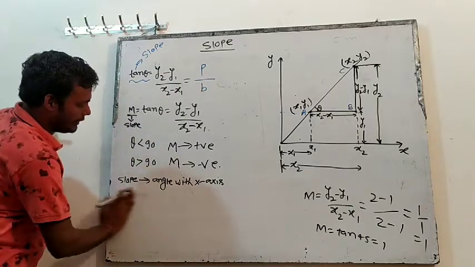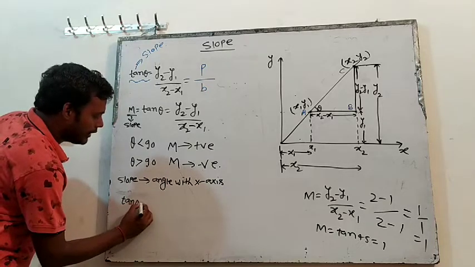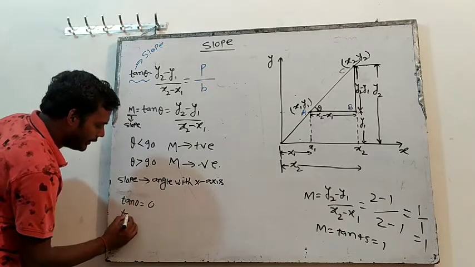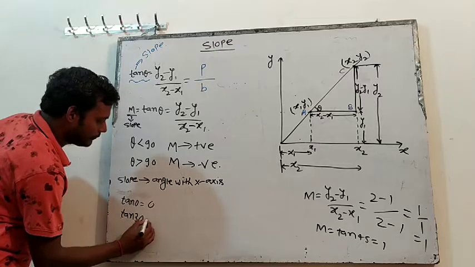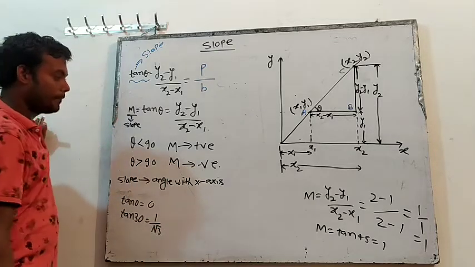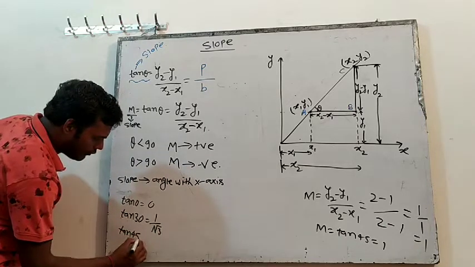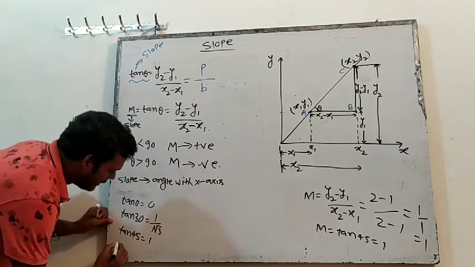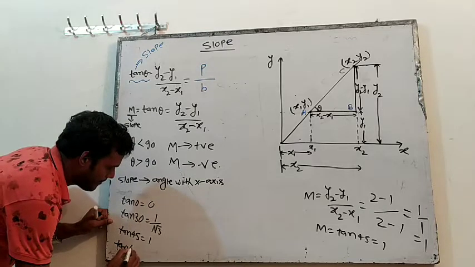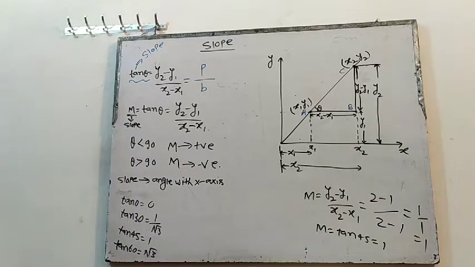Or write it like this: tan 0 is 0, tan 30 is 1 by root 3, tan 45 is 1, and tan 60 is root 3. So these are the values.